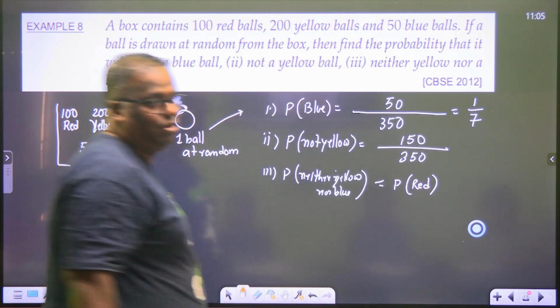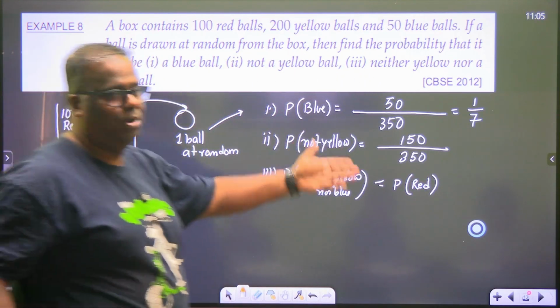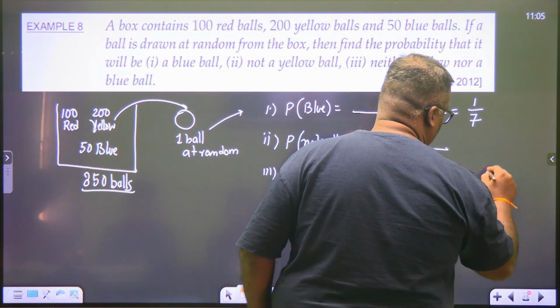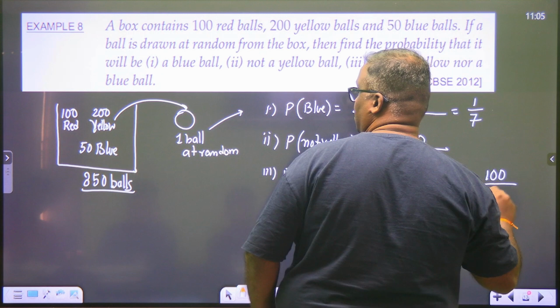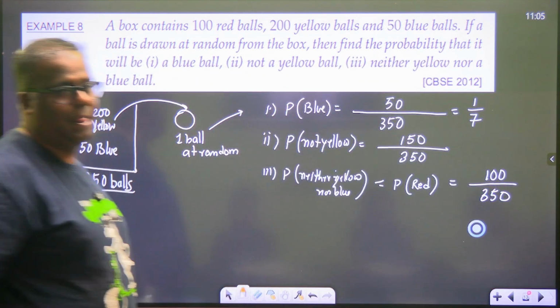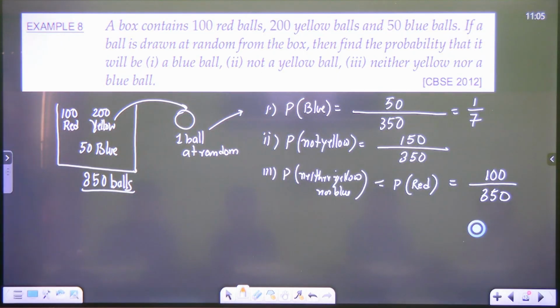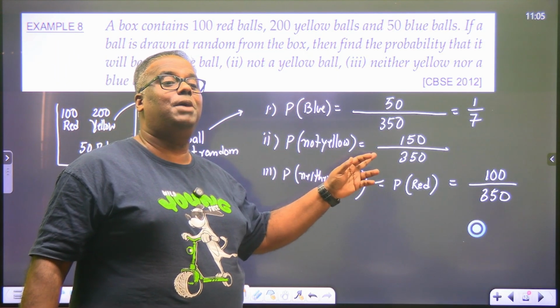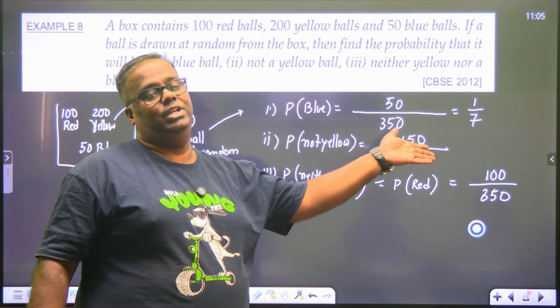Do you agree or not? Now solve the problem. What is the probability of getting a red? 100 out of 350. This is the answer. What was the probability of not yellow? It is the probability of picking up either a blue or a red.